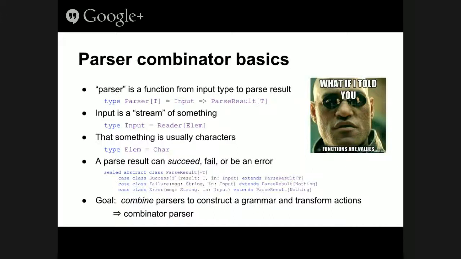The goal of writing a parser using parser combinators is really just to combine parser functions and make them into a bigger grammar, and then I'll get to this later, but then you have actions that transform it into some other thing that you want it to be.